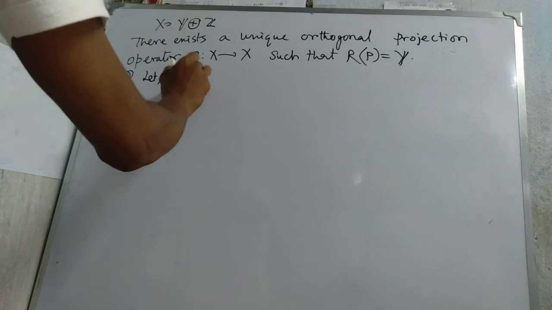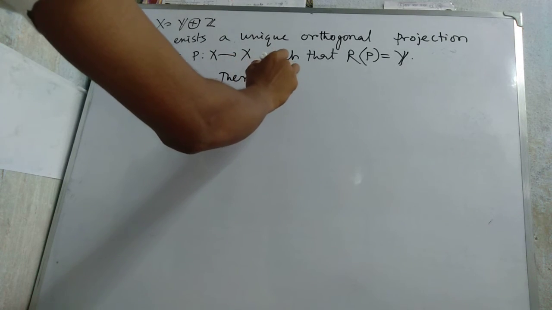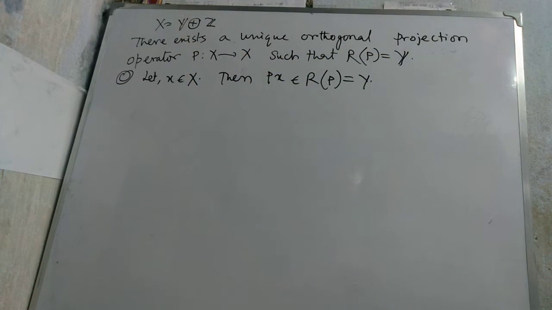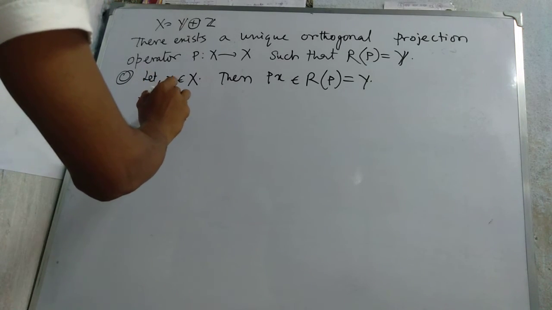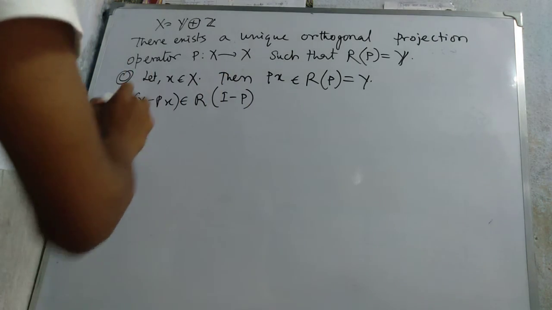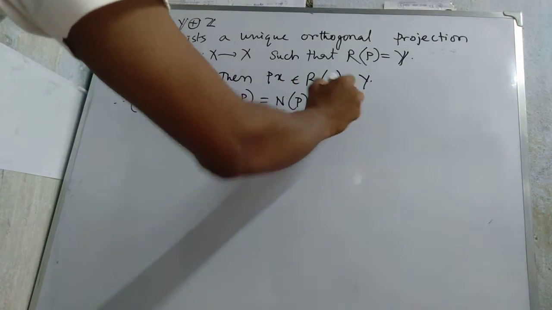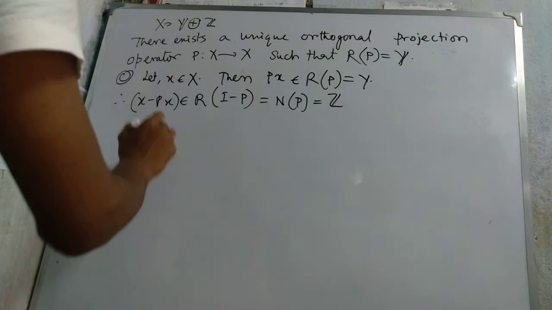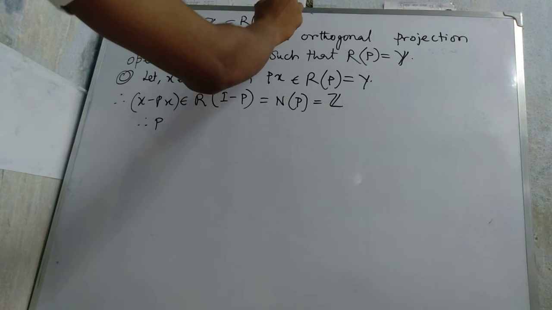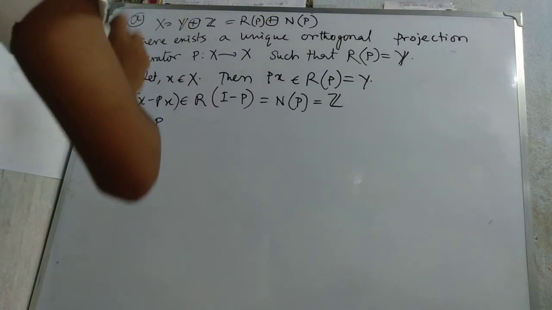Let x belongs to X. Then Px belongs to R(P) equal to Y. Now x minus Px belongs to R(I minus P), equal to N(P), equal to Z. So X equals R(P) plus N(P). A and B we will mark, then C.